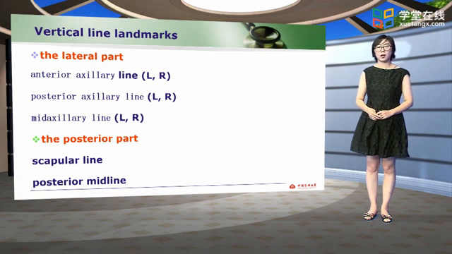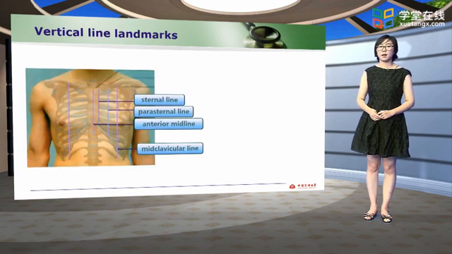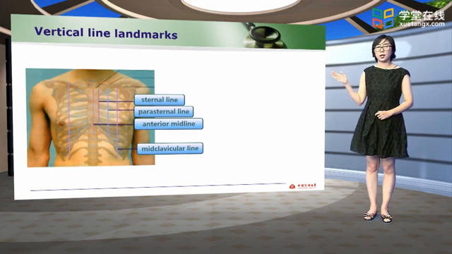In the lateral part, we can see the anterior axillary line, posterior axillary line, and mid-axillary line. And then in the posterior part, we can see the scapular line and posterior midline. The picture can clearly show the vertical line landmarkers.